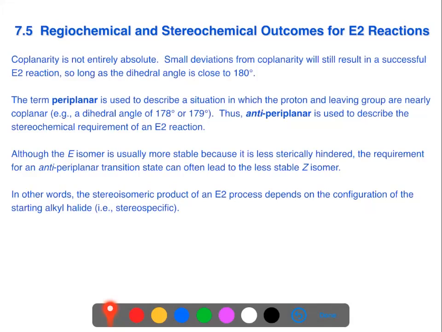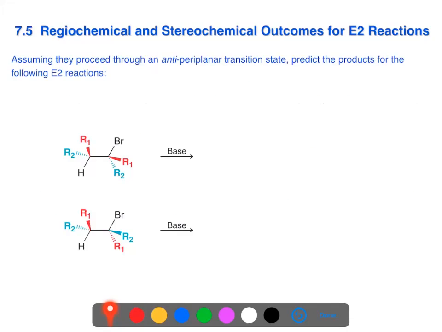So in other words, the stereoisomeric product of an E2 process really depends on the configuration of the starting alkyl halide, and as a result, we refer to these types of reactions as being stereospecific. So let's look at a couple examples of the E2 reaction, which we assume proceeds through an anti-periplanar transition state. Let's predict the products based on that information.